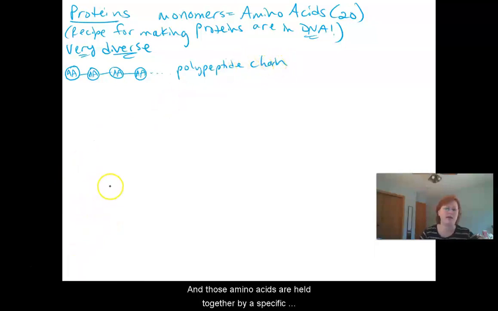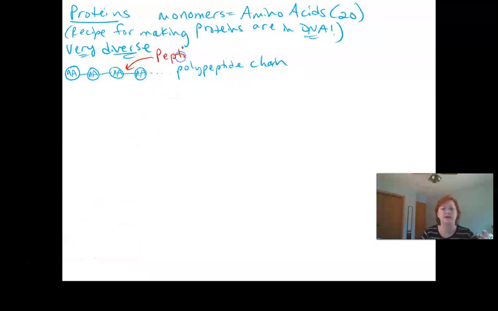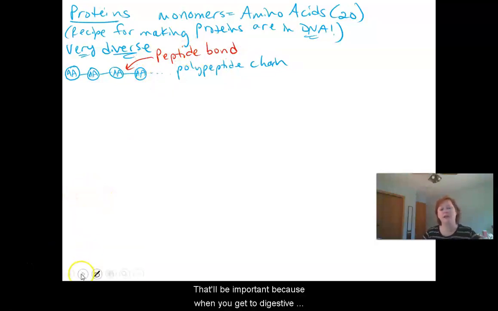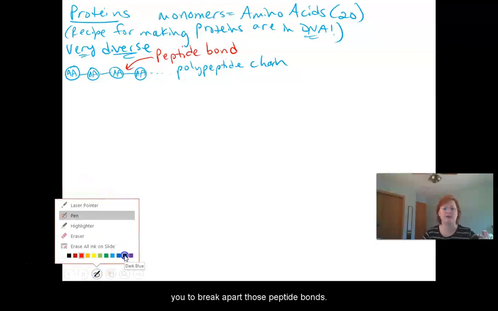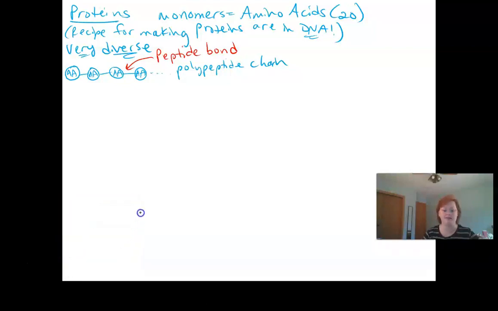And those amino acids are held together by a specific type of covalent bond called a peptide bond. That'll be important because when you get to digestive system, they'll talk about how pepsin in your stomach helps you to break apart those peptide bonds.